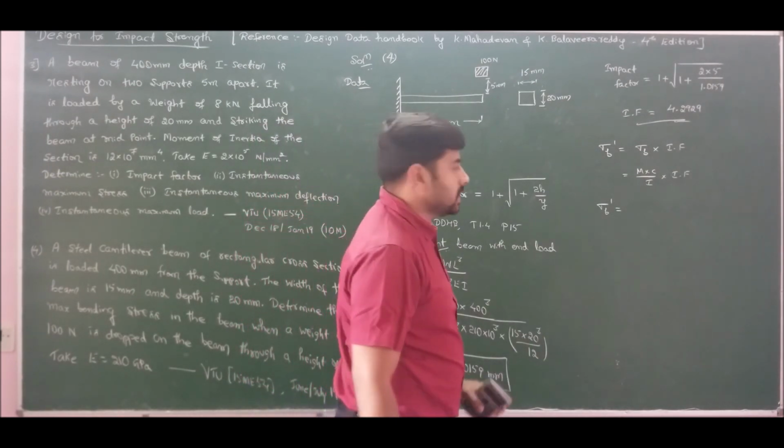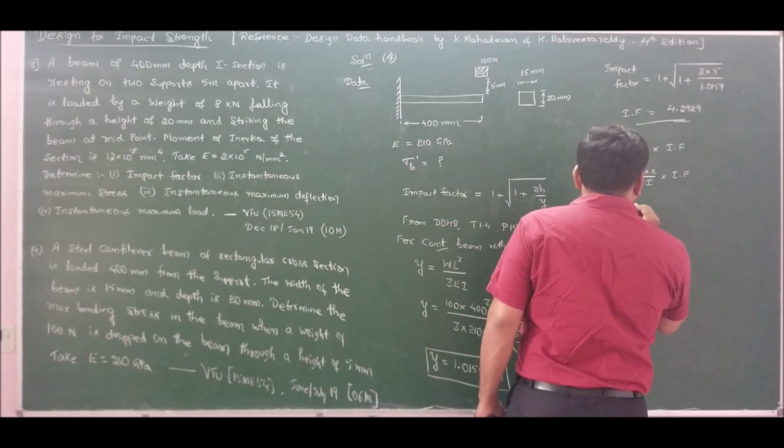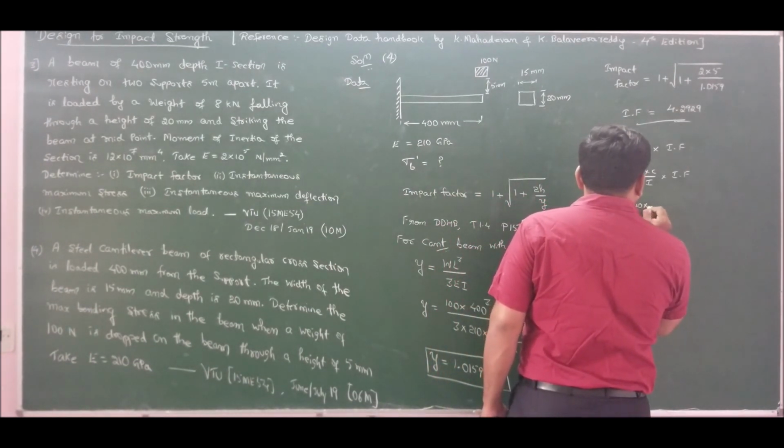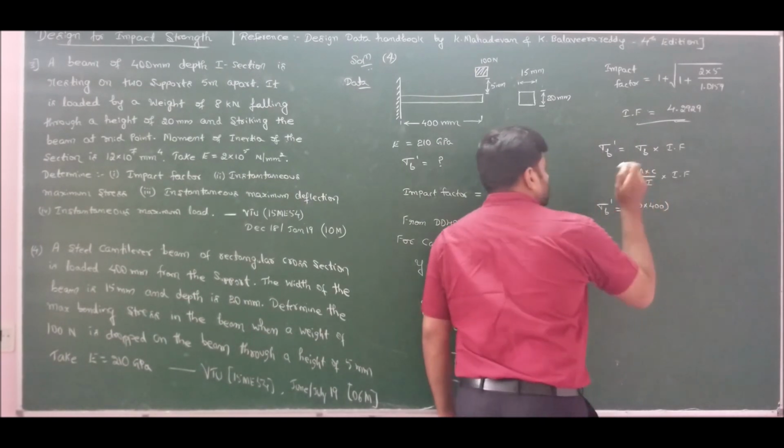We are referring to the 4th edition. So F into L, force is 100 newtons, L is 400, that will give us the value of bending moment.